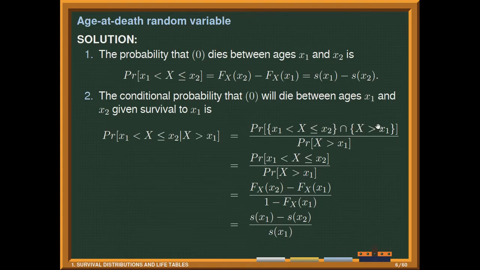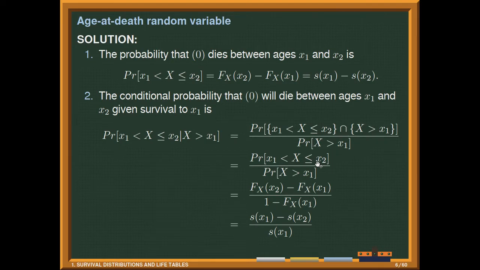But if you look at these two events, we can see that this event here is actually a subset of this event, right? This event is actually contained in this event. So their intersection will be the event that X is greater than x1 and less than or equal to x2. Okay?